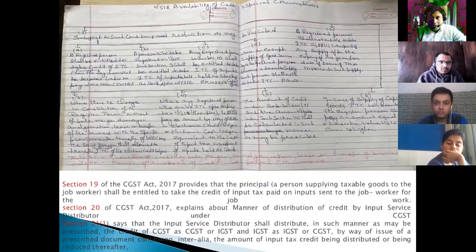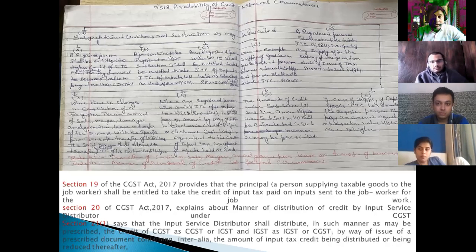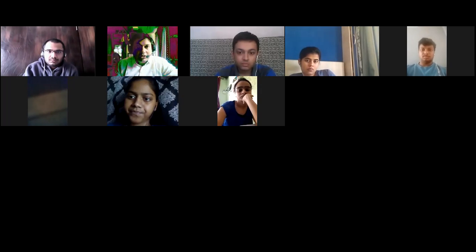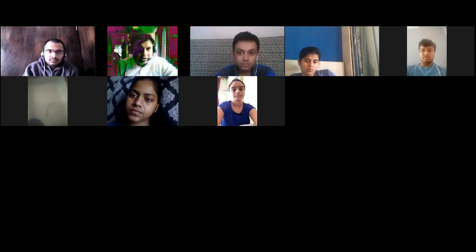One is introductory, two is definitions, 3, 4, 5 is levy and collection of tax, 7 talks about supply, 8 is mixed and composite supply, 9 is levy and collection of tax, 10 is the composition scheme, 11 is exemption, 12 is time of supply for goods, 13 is time of supply for services, 14 is change of tax rate. 15 we have done for value of supply.